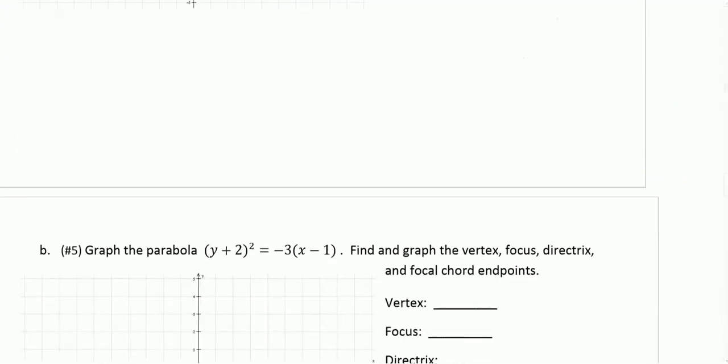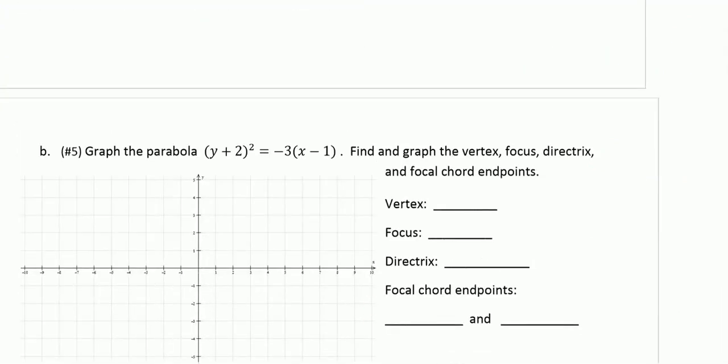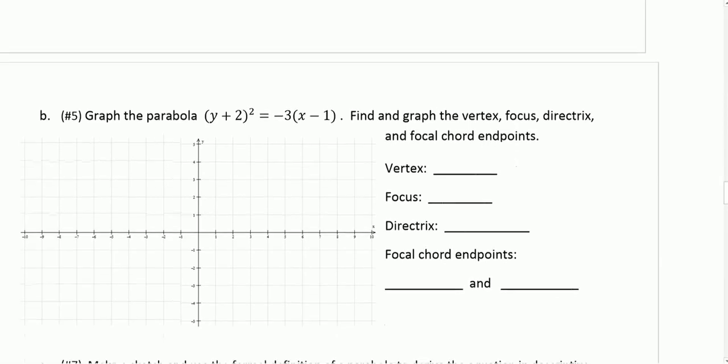The next problem is taken from number 5, from worksheet 5. And here it's not in the form that we want. We need to decide to either solve for y or to solve for x. You solve for the one that's not squared.